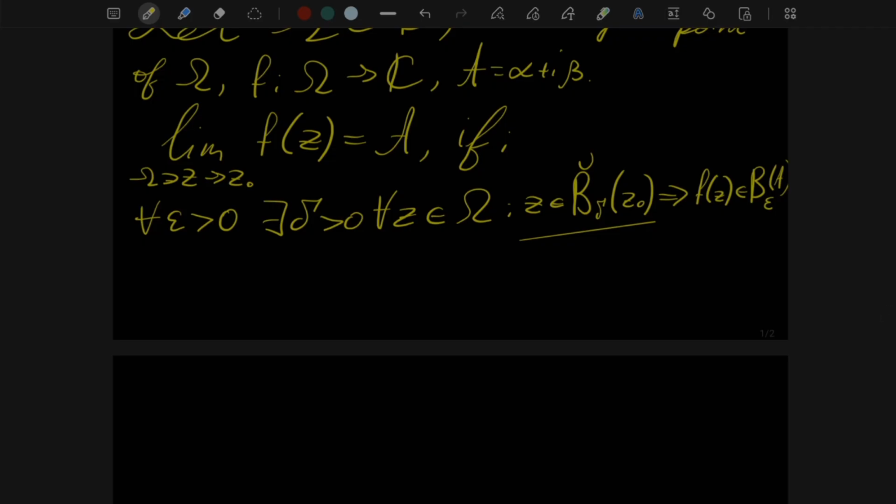We introduced this notation earlier. Then f of z, so the point that z is mapped to by our function f will be in the epsilon neighborhood of a.